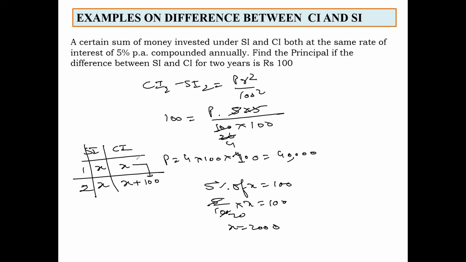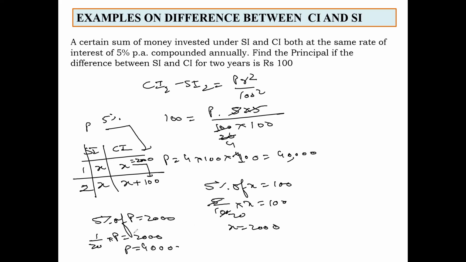This means the interest for the first year is 2000. And how do we get this 2000? That is 5% of the principal. And therefore we can say 5% of P is equal to 2000. 5% is 1 by 20 into P is 2000, and therefore P will come out to 40,000 rupees.